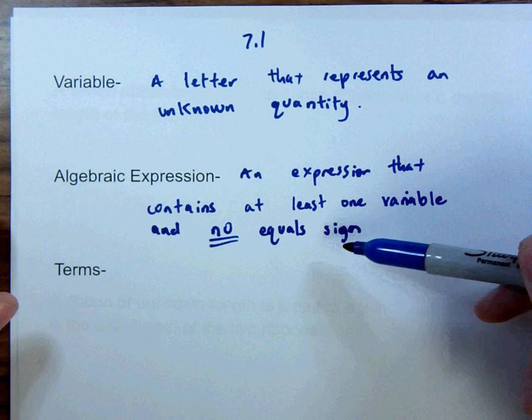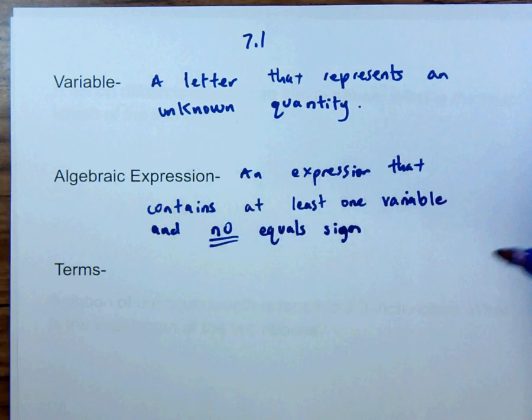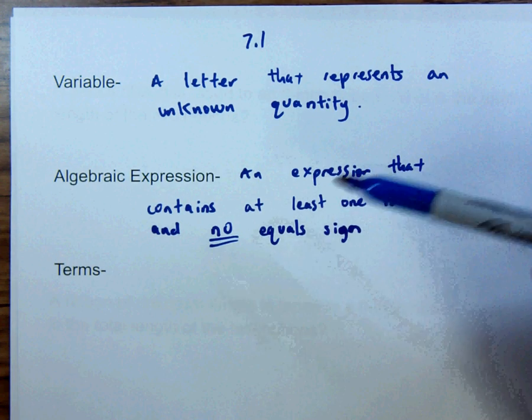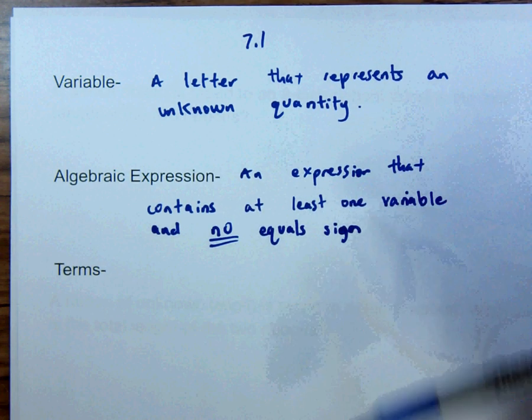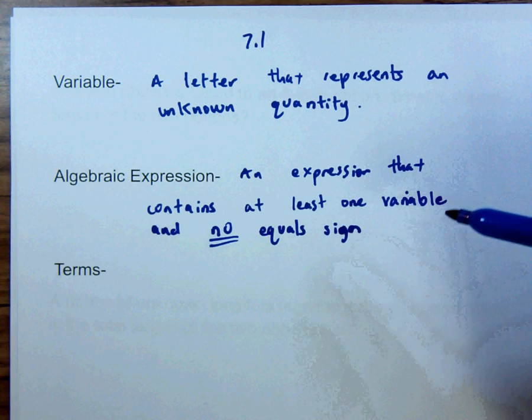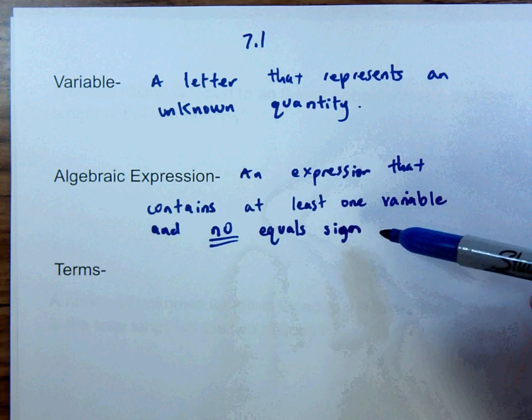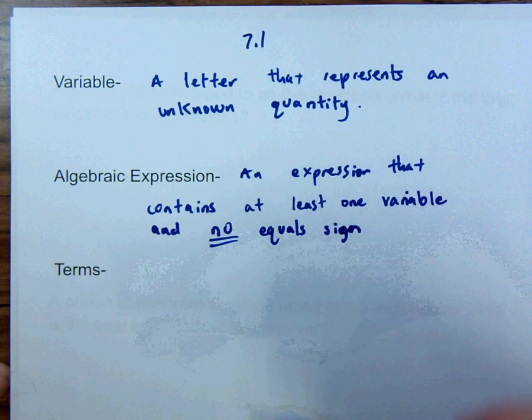Now, when we do have an equal sign, we call that an algebraic equation, which we're not there right now. All we're doing is writing an expression. So an expression that contains at least one variable and no equal sign.